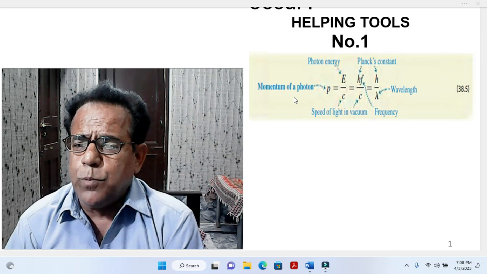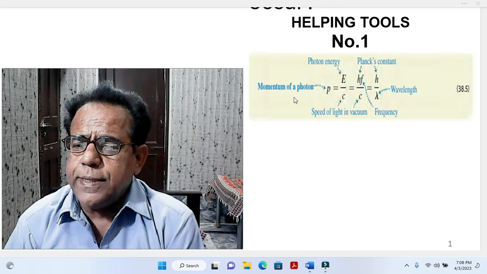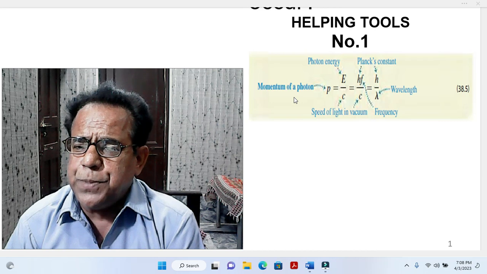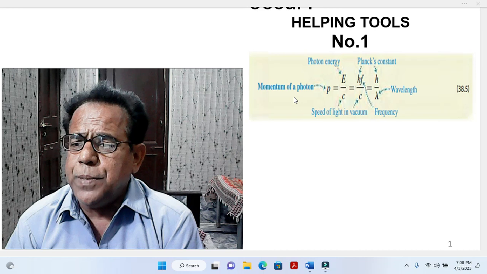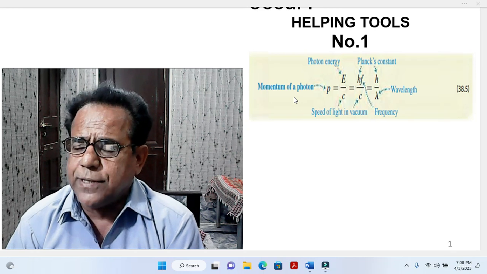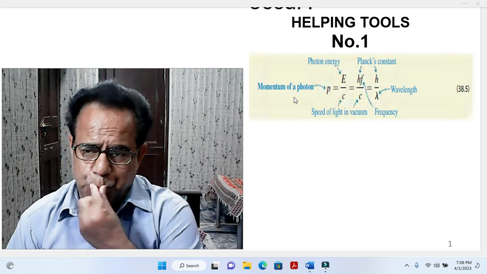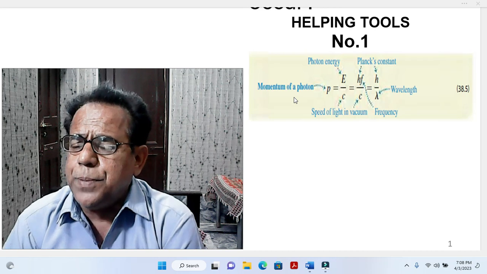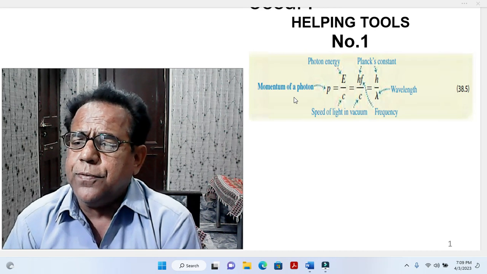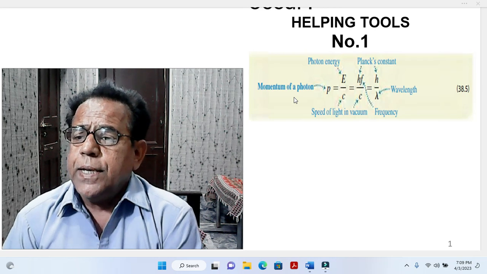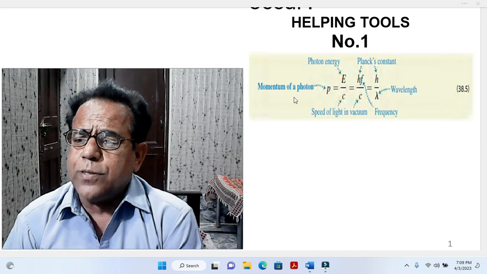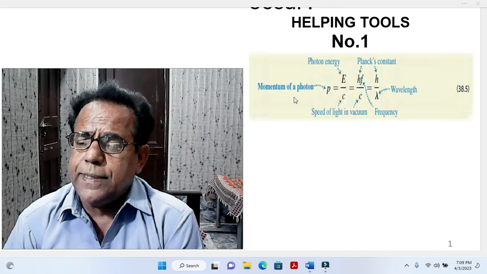Momentum of a photon P is equal to photon energy E divided by speed of light in vacuum C. This alternatively becomes equal to hf over C, where h is Planck's constant and f is the frequency. This alternatively becomes equal to h over lambda, where h is Planck's constant and lambda is the wavelength.